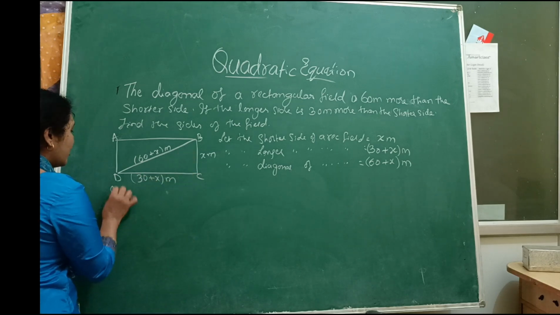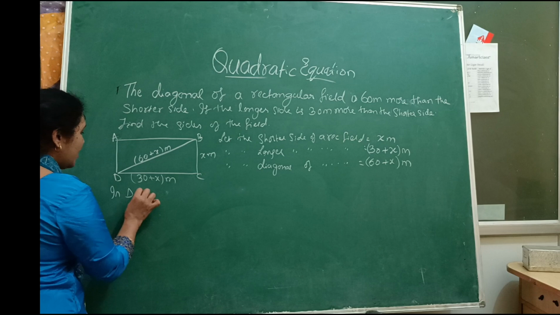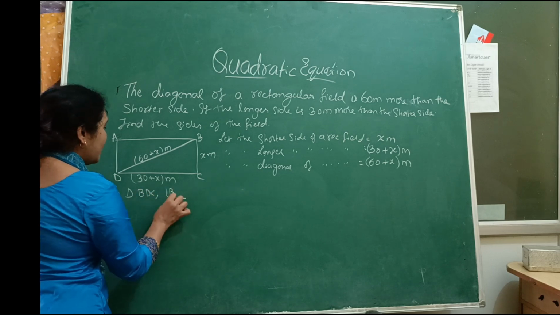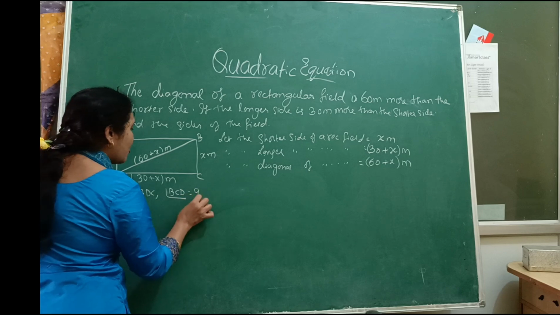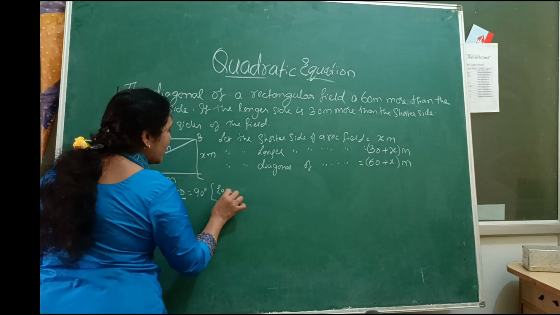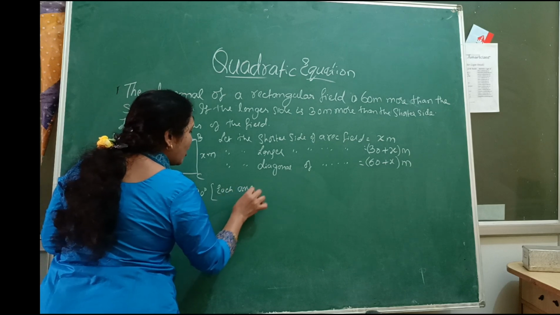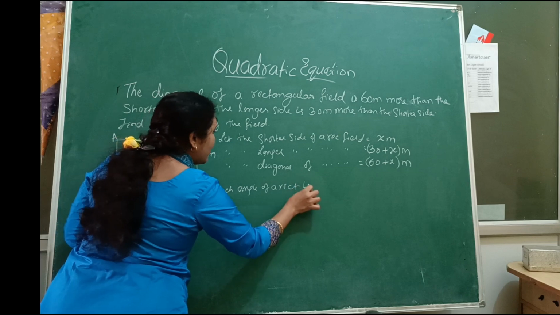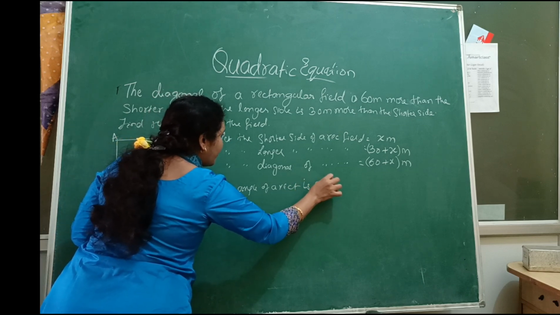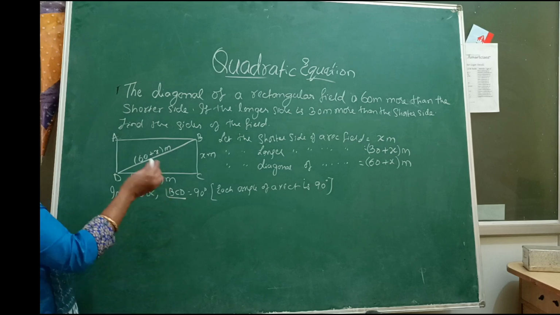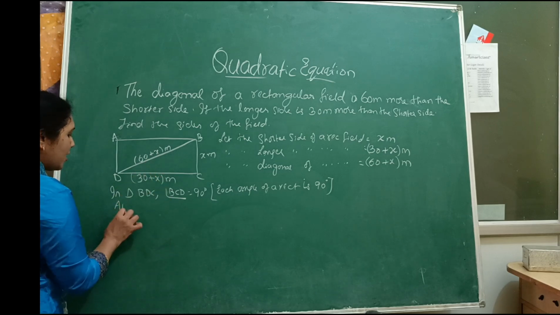Therefore, in triangle BCD, angle BCD is equal to 90 degree. The reason is, each angle of a rectangle is 90 degree. Now when I have a right angle triangle, I can apply Pythagoras theorem.